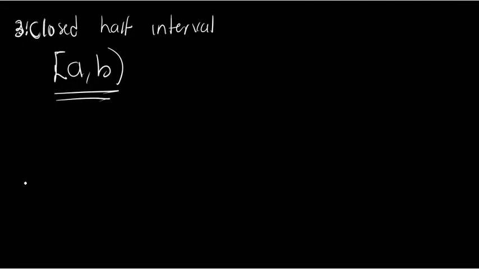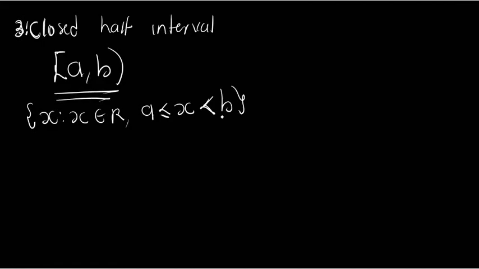This is a closed half interval. If they ask you to write this in set builder notation, you say x is such that x is a member of real numbers, A is less than or equal to x, and x is less than B. But if you are told to represent this one on the number line, that's when things change. You will have something like this.